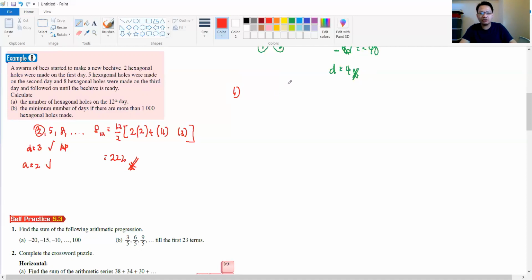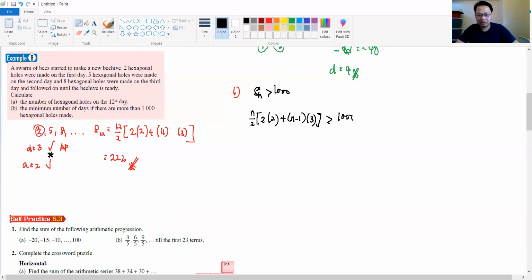To solve this problem, I change the color. So Sn must be more than 1000. We apply the formula n over 2, 2a, where a is 2, plus n minus 1 d. We need to find n, and d is 3 from the initial value.